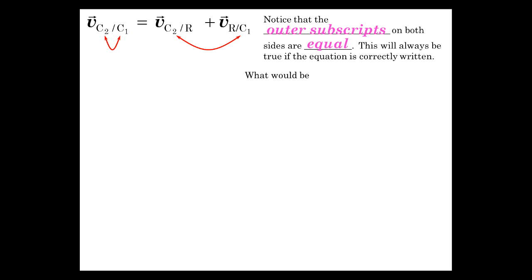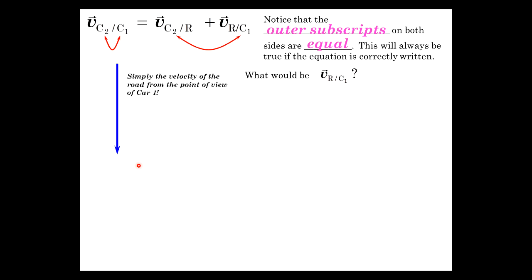Now, what would be this idea of the velocity of the road with respect to car 1? You may notice that this is a reversal of the subscripts from the original scenario of velocity of car 1 with respect to the road. You might have guessed it is simply the same size of vector, but the arrow is in the opposite direction. So really, it's what the road is doing from the point of view of car 1.